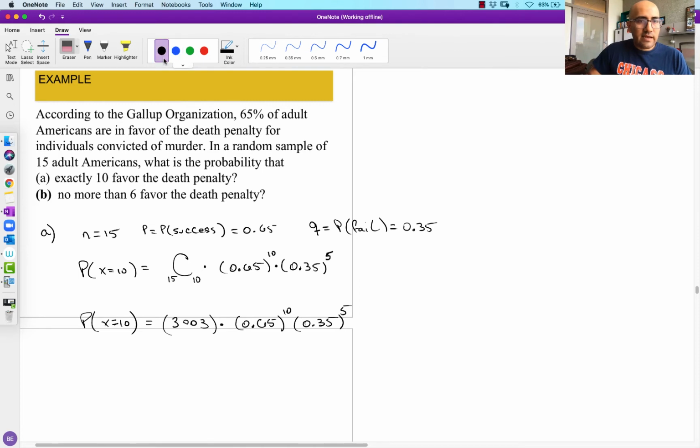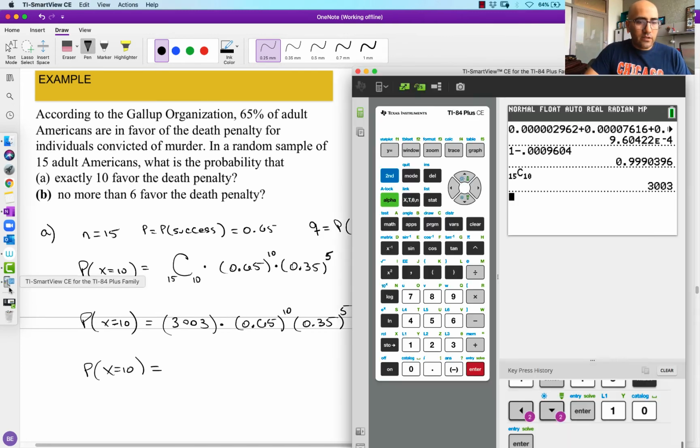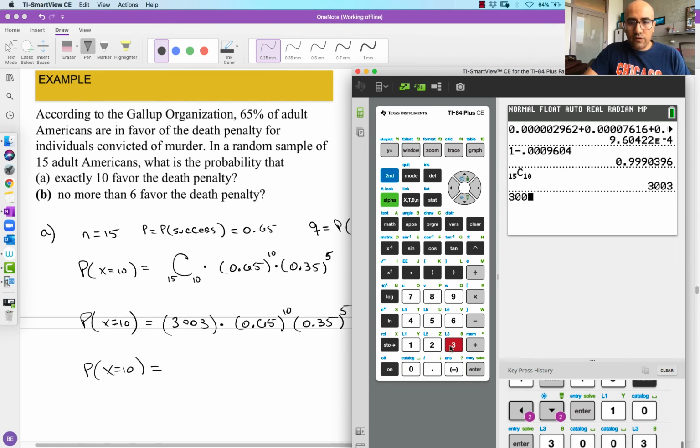Okay, so now let's get an actual numerical answer for this. The probability that x equals 10 is equal to, and let's go to our calculator. So it's going to be 3003 times 0.65 to the power of 10, close parentheses, times 0.35 to the power of 5.